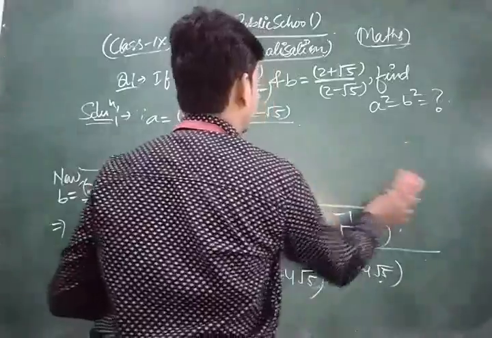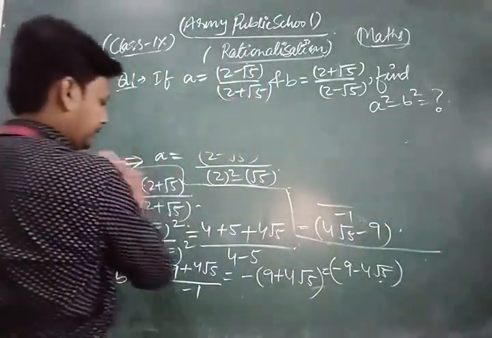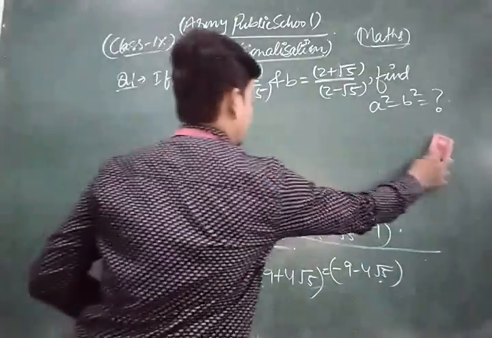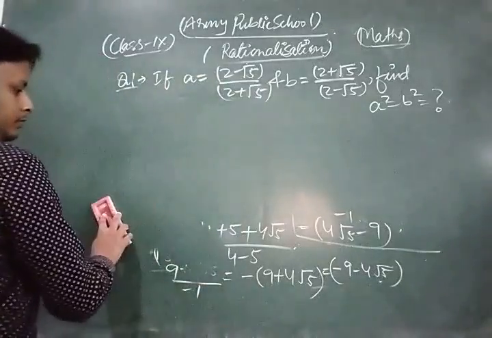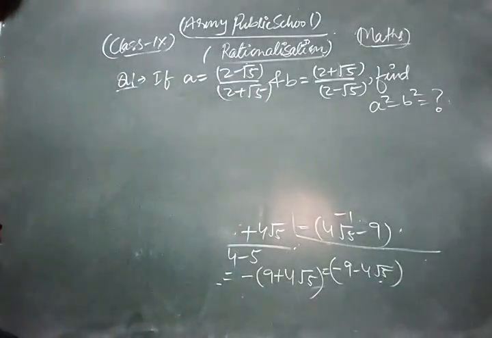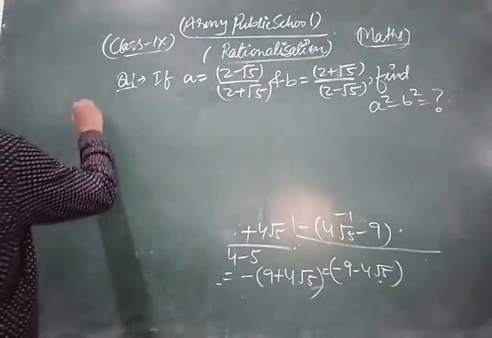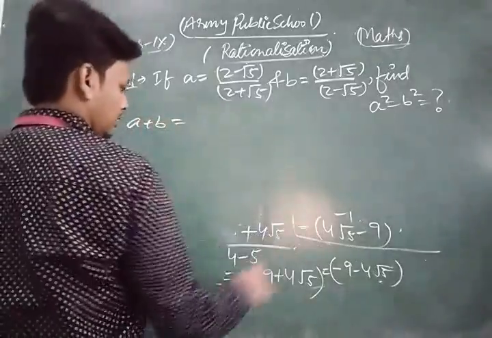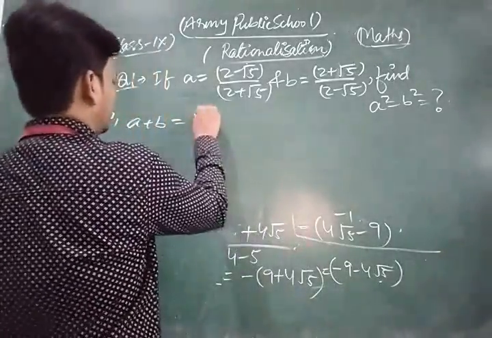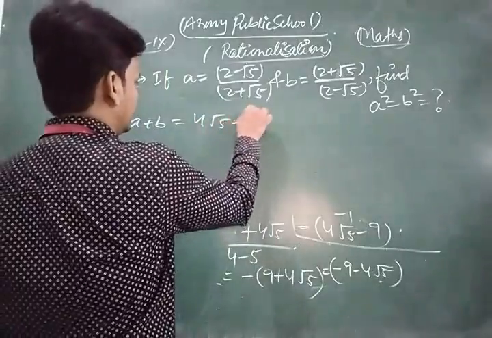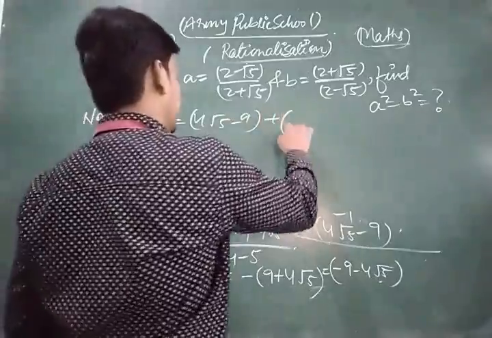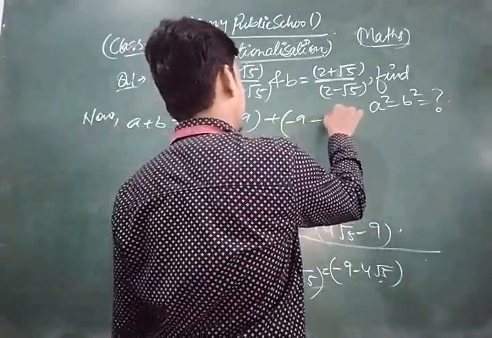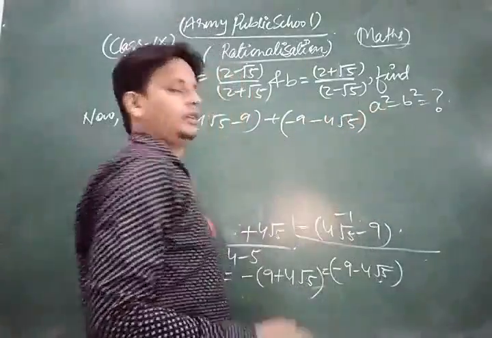Now we find the value of a plus b. So a is 4 under root 5 minus 9, plus b, which is minus 9 minus 4 under root 5.